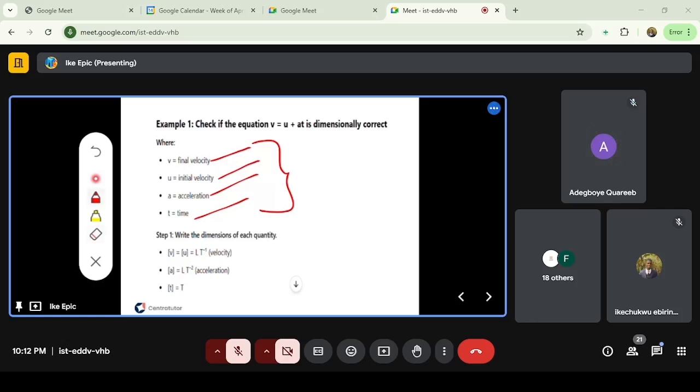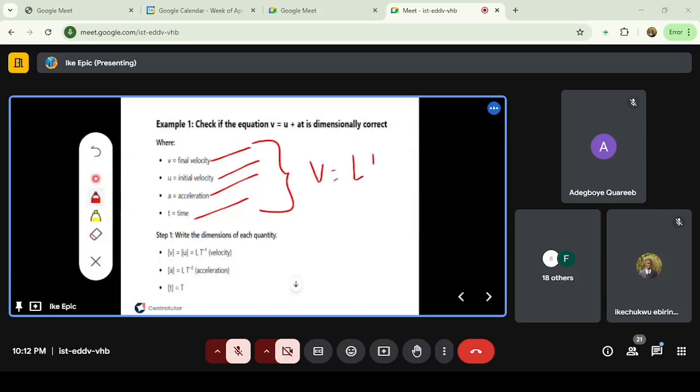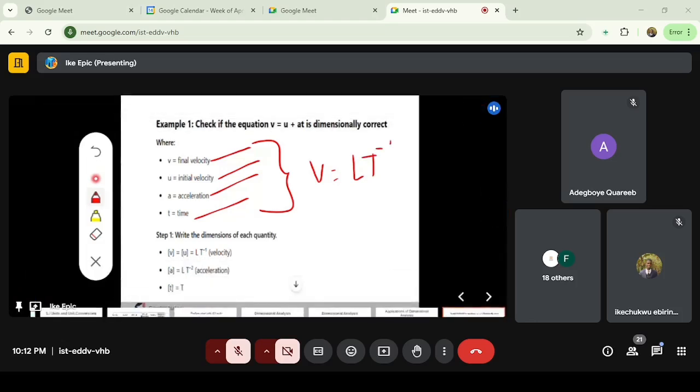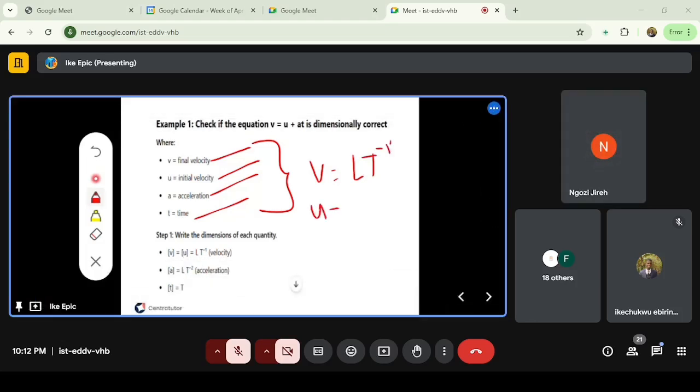So we have velocity V. The dimension for V is LT raised to the power minus 1. The dimension for U is the same as V, because both of them are velocity, so it's LT raised to the power minus 1.